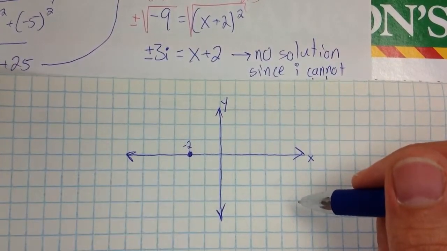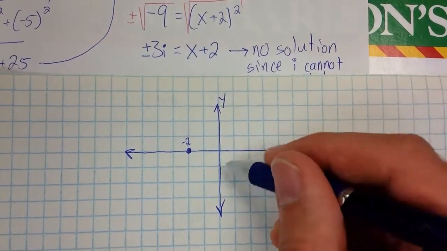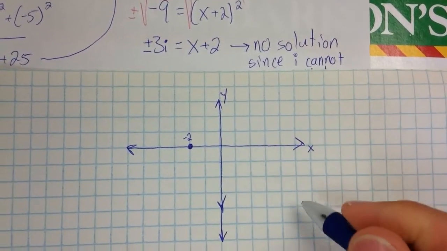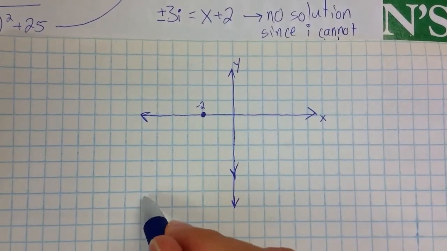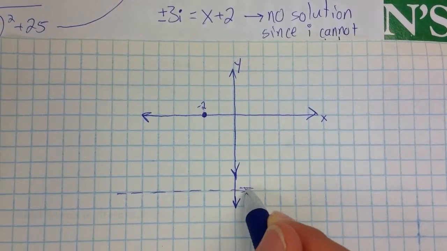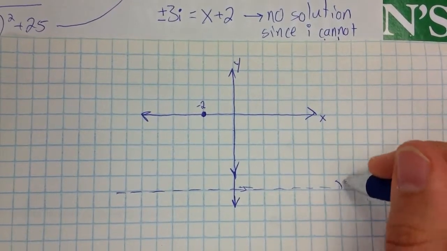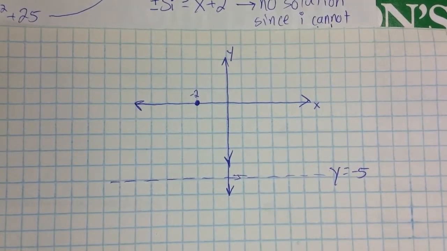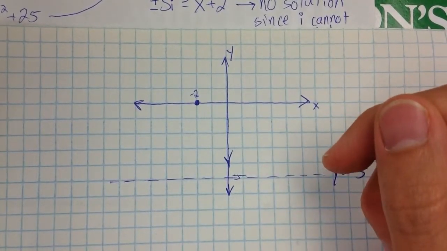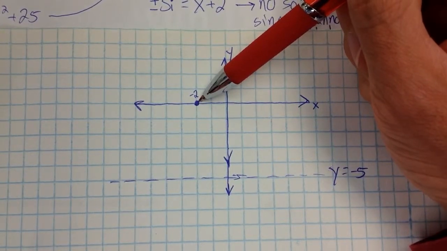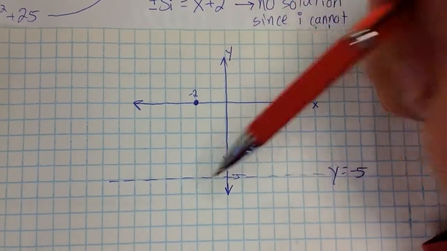And then x comma negative 5 is some point that lies on the horizontal line y equals negative 5. Think about it. What is the shortest possible distance from negative 2, 0 and this line?